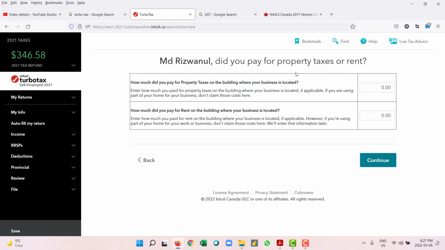But you cannot deduct the whole amount. You can deduct one-fourth of your property tax or rent, because you live in your place and use only some portion of it for business. Okay, click continue.